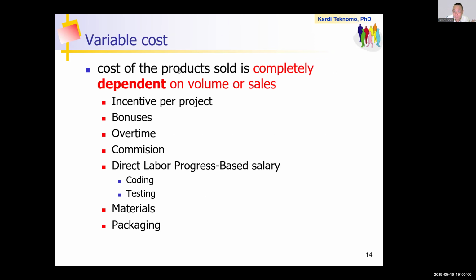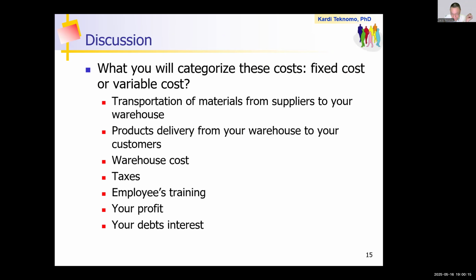Variable cost is the cost that depends on volume or the sales, while fixed cost does not depend on volume or sales. Yes, profit is revenue minus cost. That's correct. So in that case, profit can be put into fixed cost or variable cost, depending on how you put it.